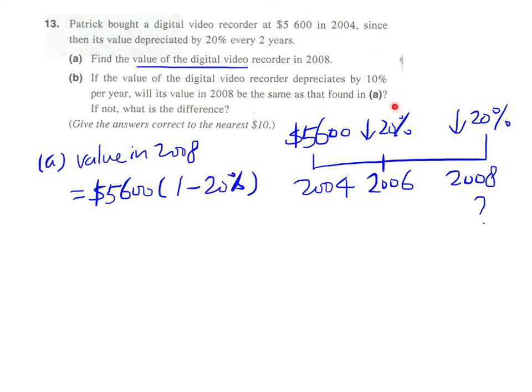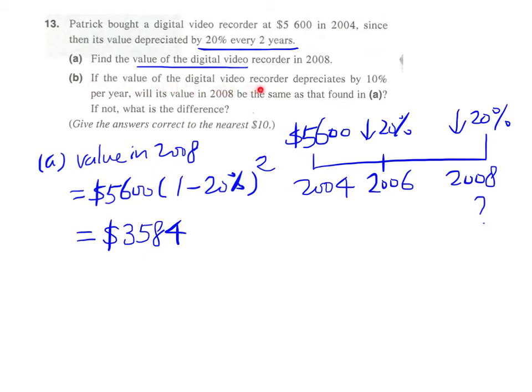And since we have actually 2 times of 20% depreciation in 4 years, and this is a very important phrase, depreciate by 20% every 2 years, so there will be the power of 2 here. And our calculator gives us the answer, $3,584.